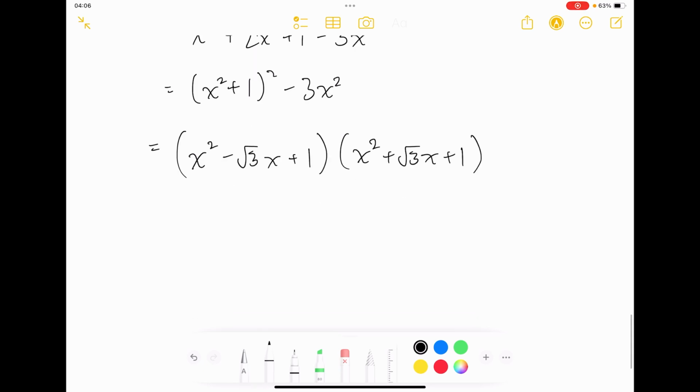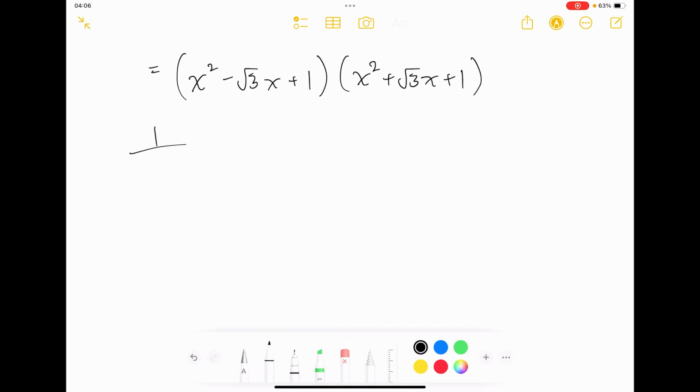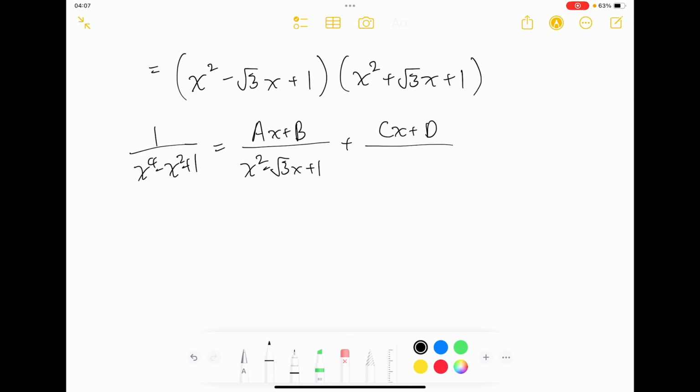They're quadratic, so that means our original fraction is going to be ax plus b divided by this fraction plus cx plus d divided by this fraction.